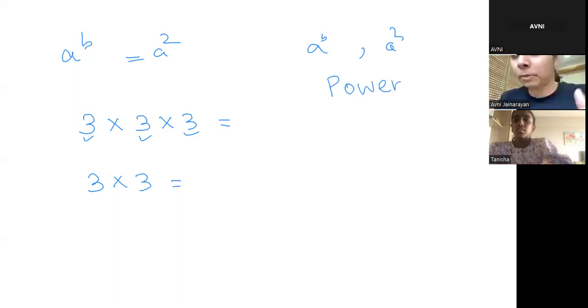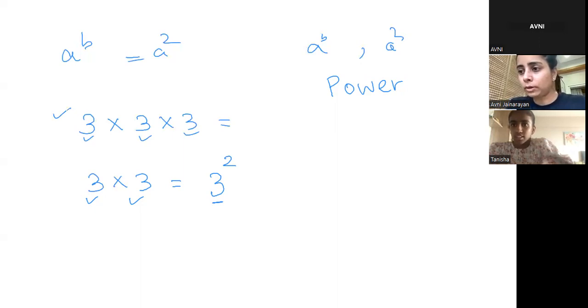Okay, so just keep your eyes and ears open. How many times is 3 getting repeated? In the second one, 2 times. So what we do, we make this the base and power में मैं 2 लिख देती हूँ. This is the way we write it. ठीक है? समझ गई? Can you tell me the answer for this one then?